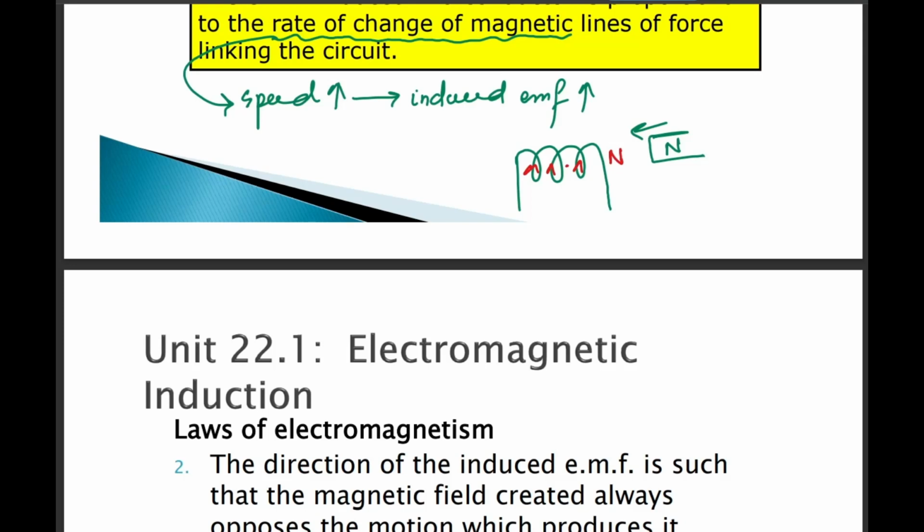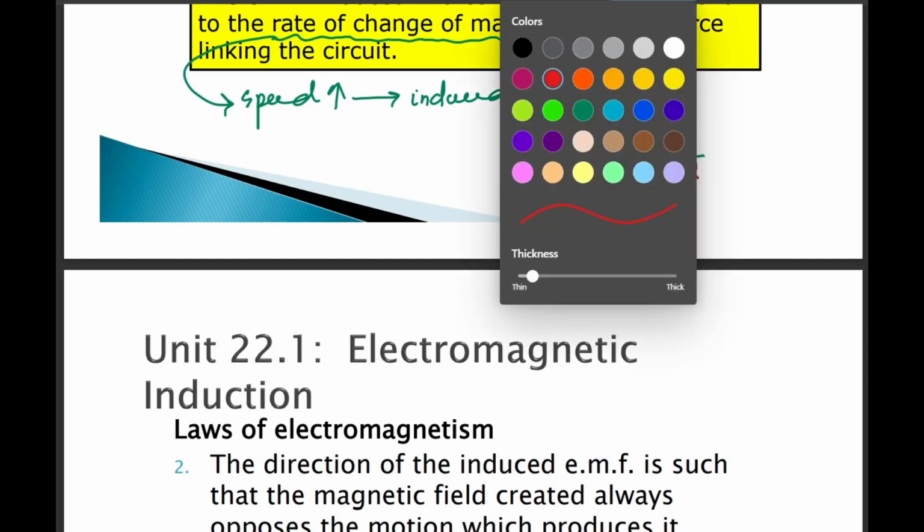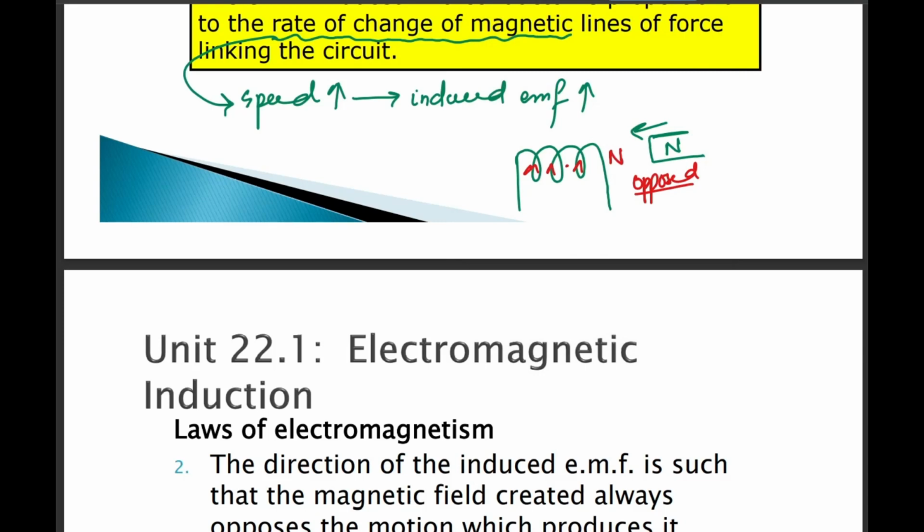So north and north are actually going to repel each other. So this actually tries to oppose this in the first place. Secondly, if they try to take this magnet away from it, for the sake of example, right?